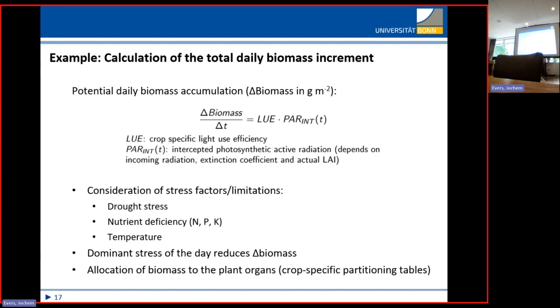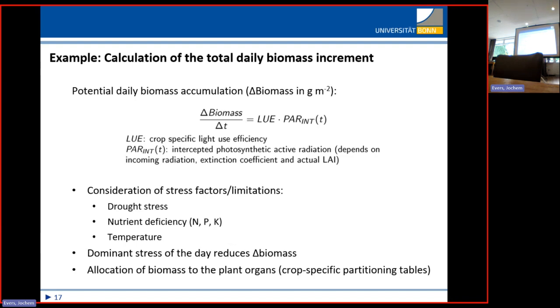So if you have a new crop, you first have to determine these parameters in the laboratory or the greenhouse. Usually you have a model and then you have default parameter sets for, let's say, common winter wheat in Central Europe, a common potato in Germany also.